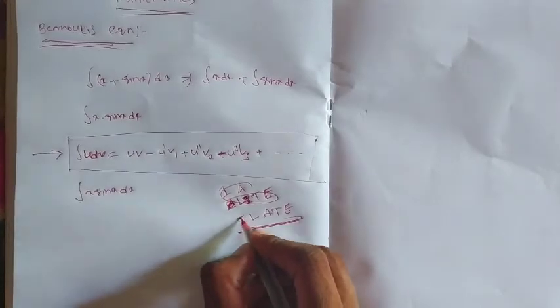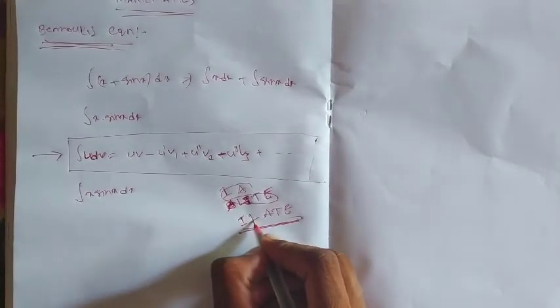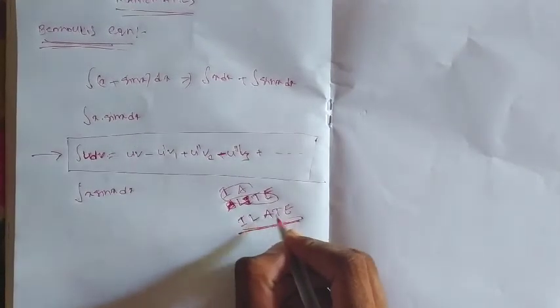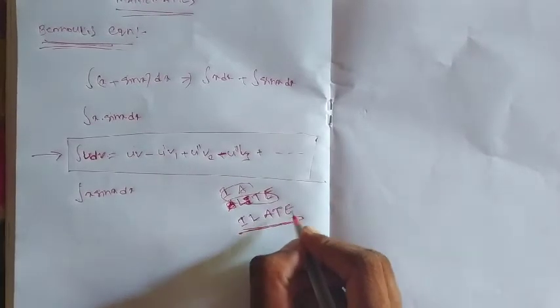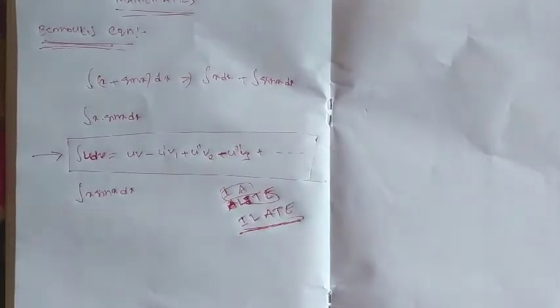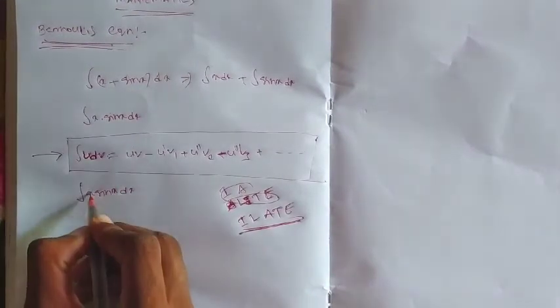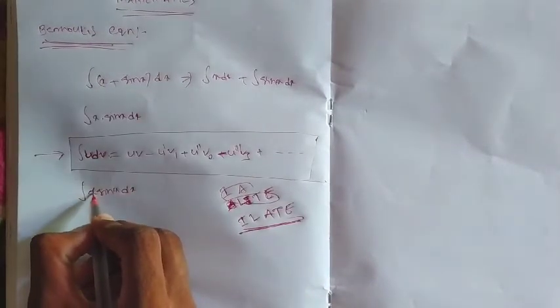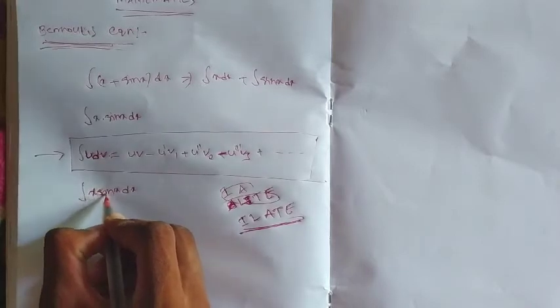So I means inverse, L means logarithmic, A means algebraic, T means trigonometric functions, and E means exponential functions. Here in this function, x is an algebraic function and sin x is a trigonometric function.